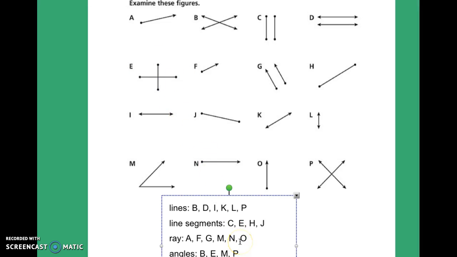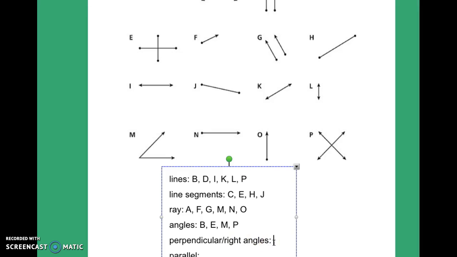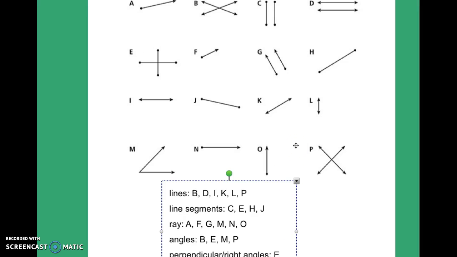Makes a 90-degree angle. So I'm going to write E down and see if you can find another example of a perpendicular and right angle. All right, if you said P, congratulations. And that one was tricky because P is at an angle here, but it does form a right angle.